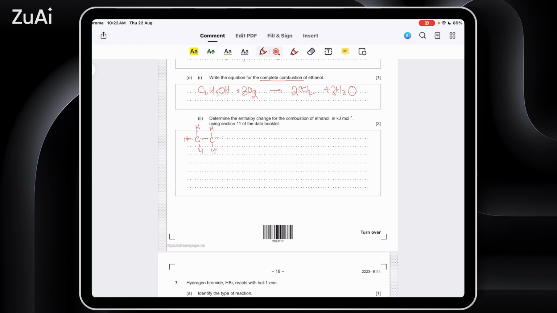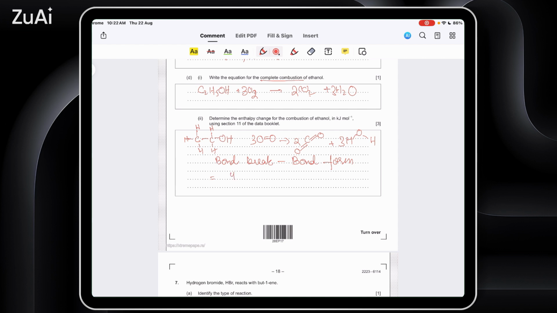You have to see OH, then oxygen, 3, then carbon dioxide, 2, plus then water molecule, 3. You have to see the bonds. You know the formula? Bond break, which is reactant, minus bond form. That's the formula. You have to see all the energies.